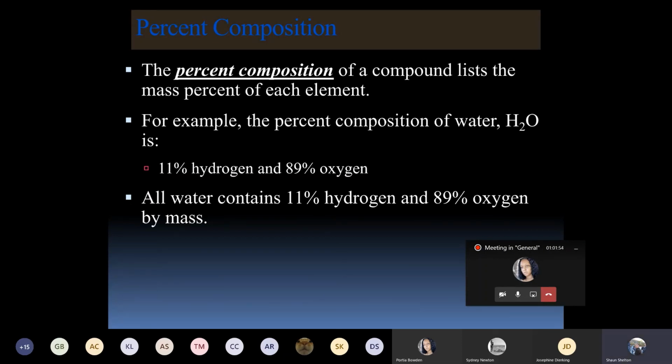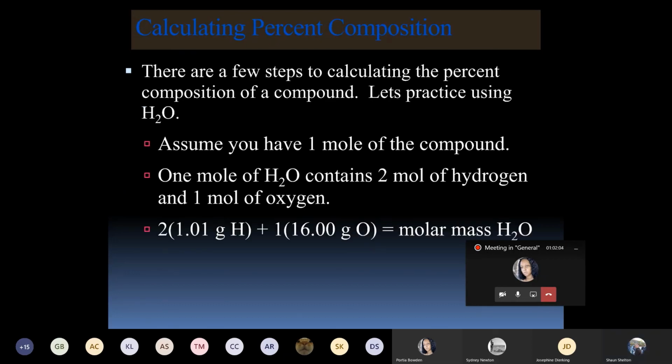So, this is the example that deals with water. All water contains this amount of hydrogen, and this amount of oxygen, so 11% hydrogen and 89% oxygen. How do you figure that out? So the way you do this is you take the mass of hydrogen, which is 1.01, multiply by 2 because there's 2, add that to 16. That gives you the molar mass of water, which is 18.